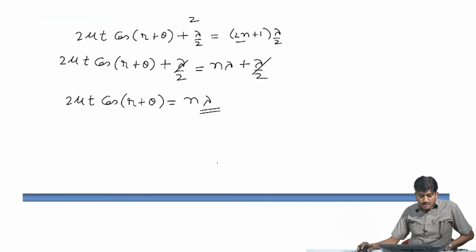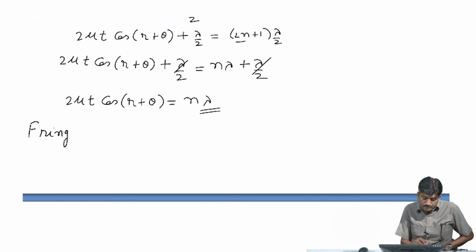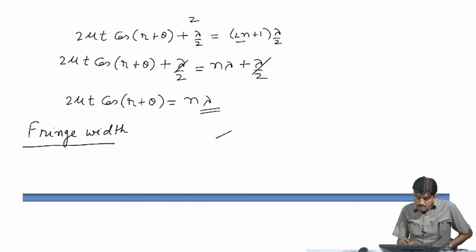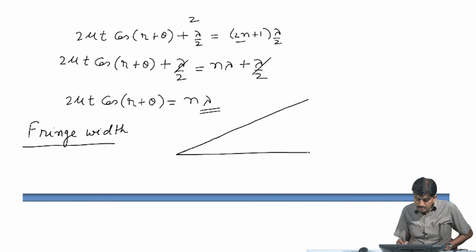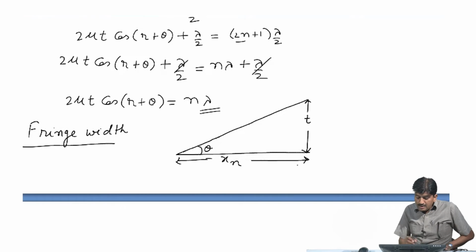And we can also calculate the fringe width. Suppose this is the wedge shaped angle theta and the thickness of film is t, and we can consider that this point represents the position of the nth fringe.